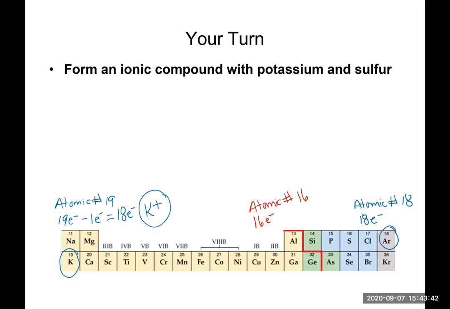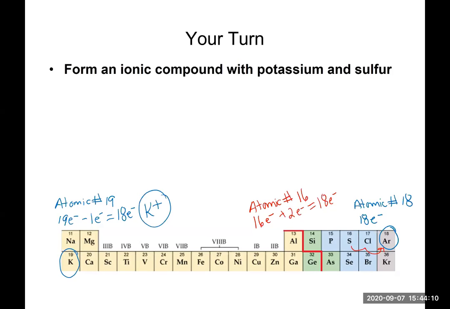In order to have that electron configuration, sulfur has to gain 2 electrons. So 16 electrons plus 2 electrons gives us 18 electrons, and now sulfur has the electron configuration of the noble gas that's chemically closest to it, and that is argon.